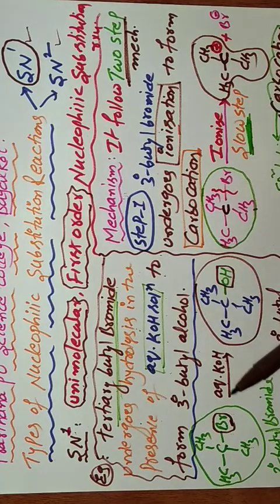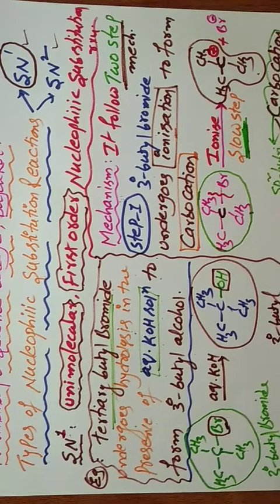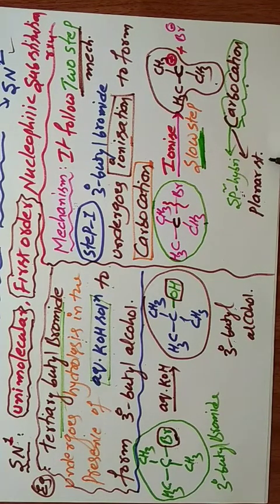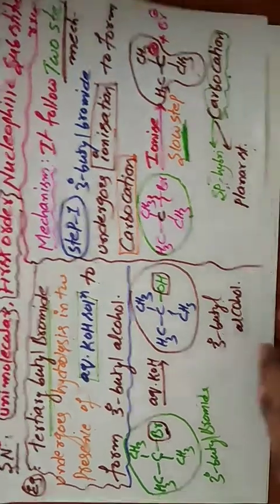In that test tube, tertiary butyl bromide and aqueous KOH solution are added. Firstly, tertiary butyl bromide undergoes ionization. We can get a carbocation, where carbon gets the positive charge. Carbocation properties: what type of hybridization? sp2 hybridization. What is the structure of this carbocation? Planar structure. Next we will go to step 2.